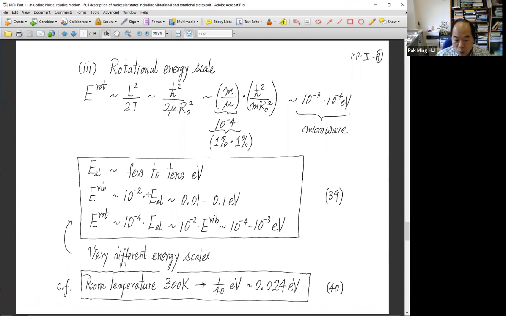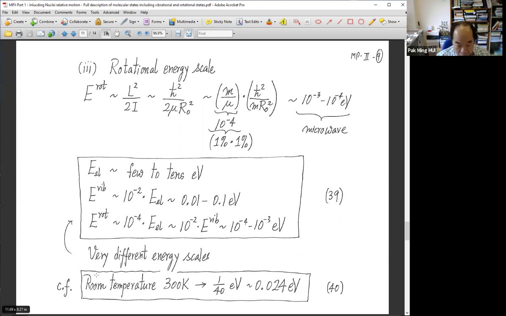The second one is 1% of the first term. The rotational one is 1% of the second term, thereby 10 to the minus 4 of the first term. This range, okay? Ultraviolet, infrared, far infrared to microwave. So that is the idea.